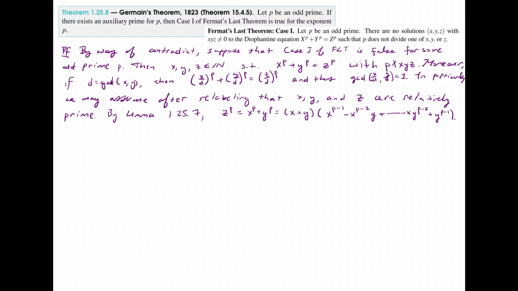And we're going to claim that x plus y and x to the p minus 1 minus x to the p minus 2 y, the whole thing, are relatively prime.